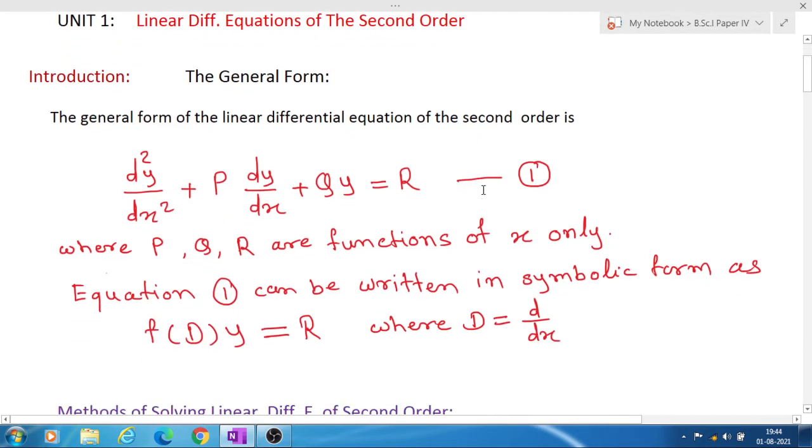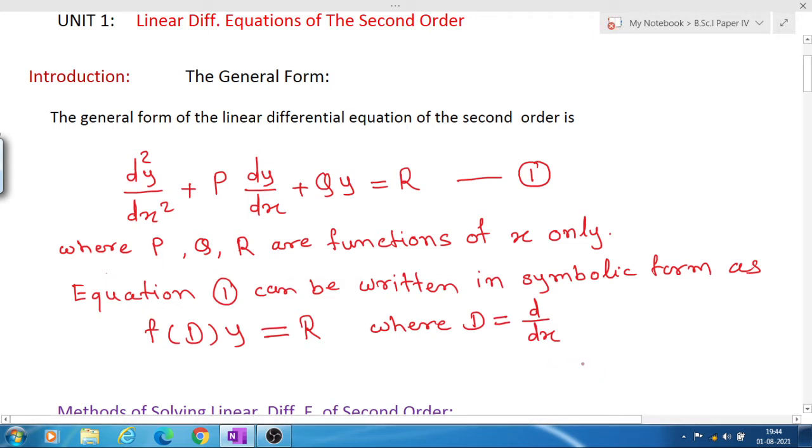So particularly we study the second order linear differential equations. So let us see what are the second order linear differential equations.